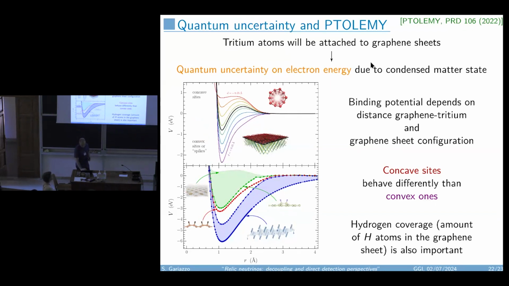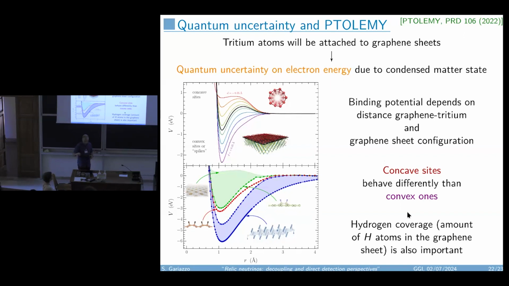So in this paper, there was a study about how different configurations of graphene or combinations of carbon atoms can produce a better output for the energy uncertainty. And at the end of the day, it seems that concave sites behave differently than convex sites.